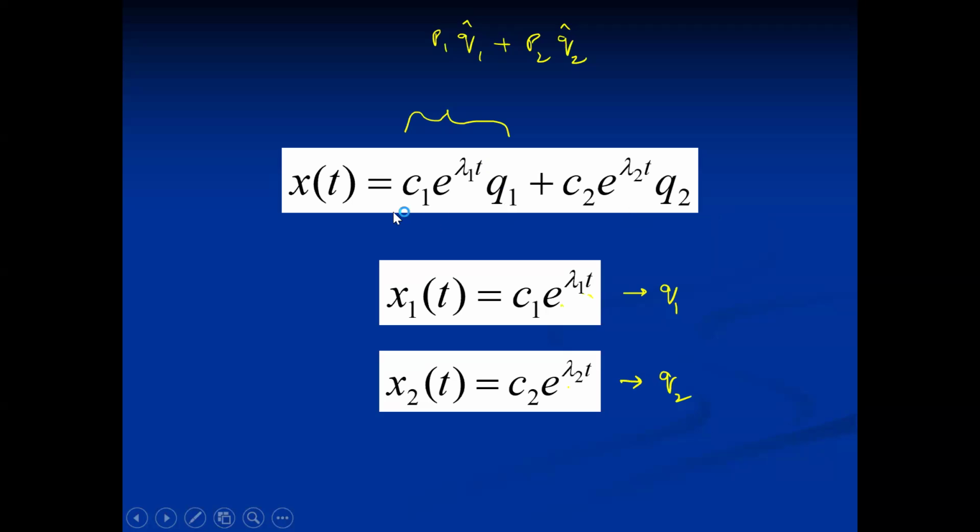So you are expressing this as, let's say, B1 Q1 plus B2 Q2, where B1 and B2 are scalars. It's a weighted sum of two vectors, which means you can think of Q1 and Q2 as a basis for x of t, and the weights of the vectors in this basis are given by c1 into e power lambda 1 t and c2 into e power lambda 2 t.